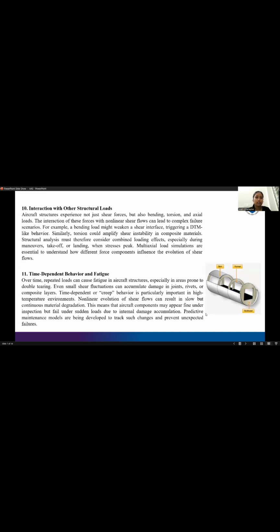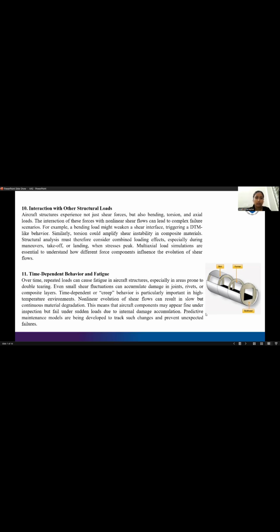Interaction with other structural loads. Aircraft structures experience not just shear forces but also bending, torsion, and axial loads. The interaction of those forces with nonlinear shear flow can lead to complex failure scenarios. For example, a bending load might weaken shear interfaces, triggering a DTM behavior.